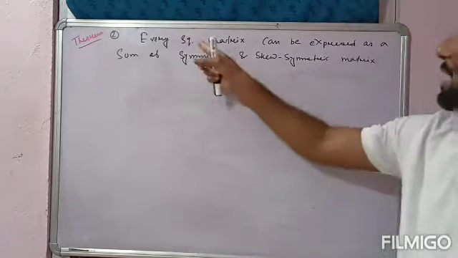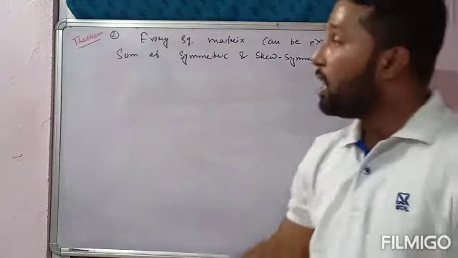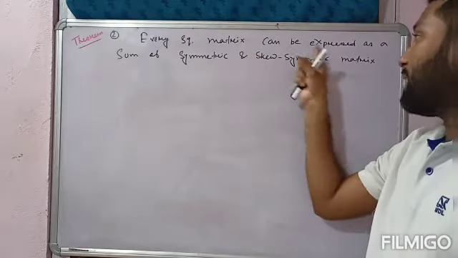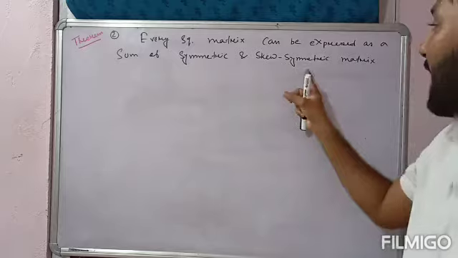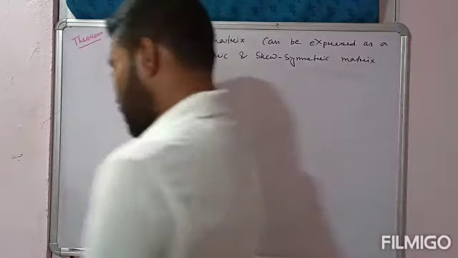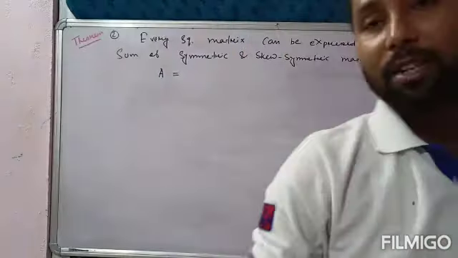Okay, so every square matrix, we know the definition of square matrix, equal number of rows and columns. So every square matrix can be expressed as a sum of a symmetric and a skew symmetric matrix. The mathematical representation of this statement is: let us consider A be a square matrix.